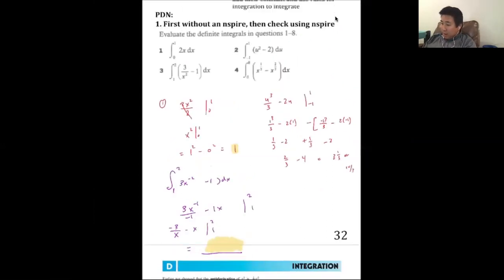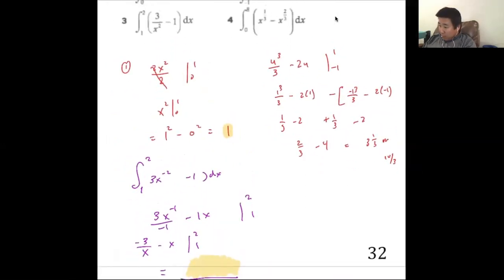And then number 4 is x to the 4/3 over 4/3 minus x to the 2/3. Nope. X to the 5/3 over 5/3 from 0 to 8.